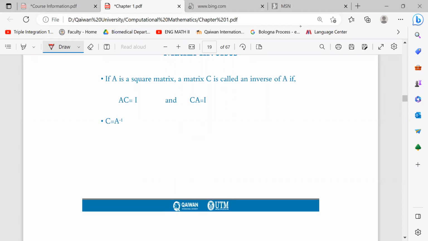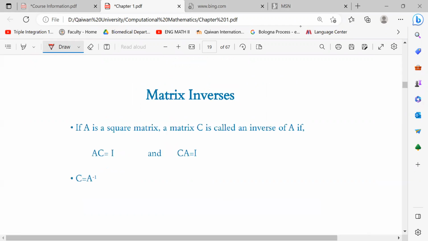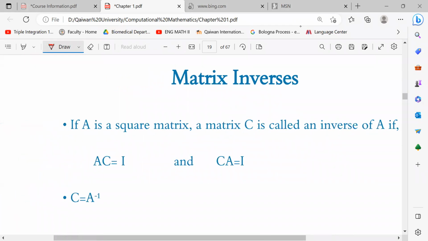Today we talked about matrices and also the determinant of matrices for a 2x2 matrix and a 3x3 matrix. We now have the inverse matrix, or matrix inverse. Here we talk about how to find the inverse of a matrix. It's important to know how to find the cofactor for the matrix.